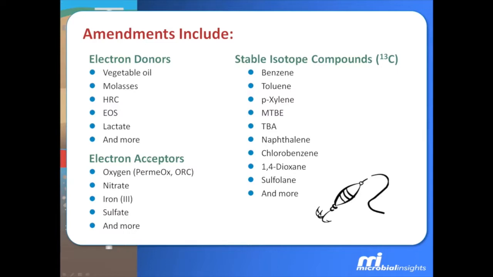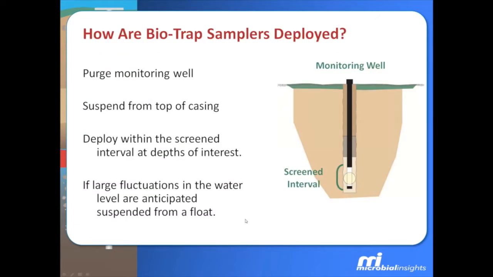The various types of amendments that have been used in these in situ microcosms, along with the biotrap, include various types of vegetable oils, molasses, EOS products, lactate, HRC, different kinds of electron acceptors, and as you'll learn a bit later, many different kinds of stable isotope compounds, from hydrocarbons to fuel oxygenates to chlorinated hydrocarbons, and some emerging contaminants like 1,4-dioxane and sulfolane.